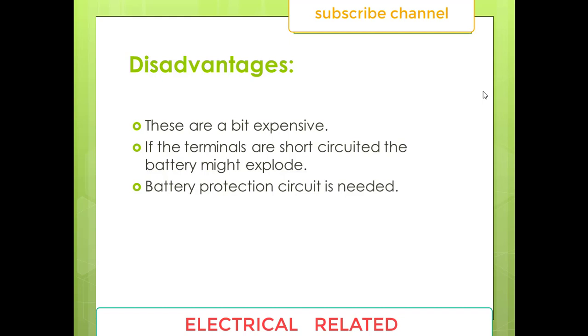We need the protection circuit because the battery is expensive, and I also suggest you use a protection circuit with the lithium ion battery.